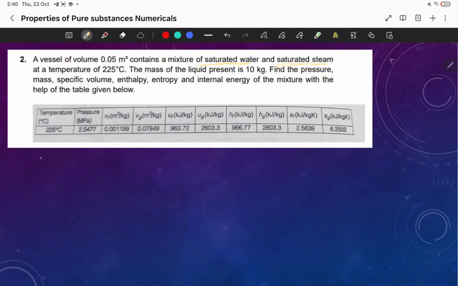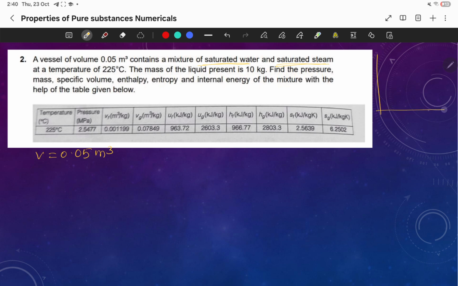Okay, now let's write all the values. Volume of the vessel is 0.05 meter cube, containing a mixture of saturated water and saturated steam.